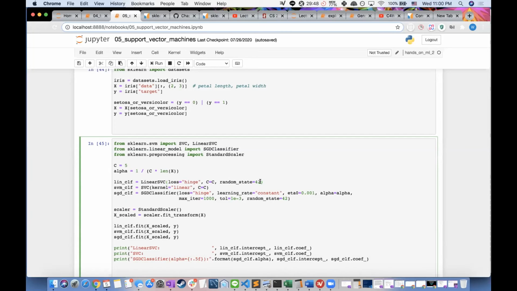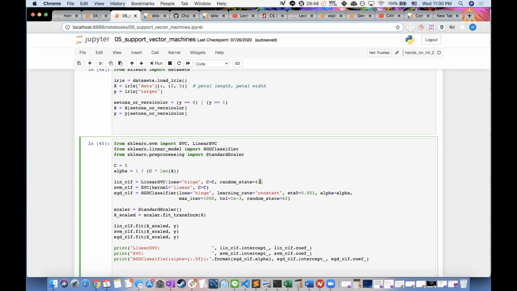The default loss is squared hinge, so if you use dual is false, then you need to let the loss be the default, squared hinge, as opposed to the dual, in which he uses hinge.